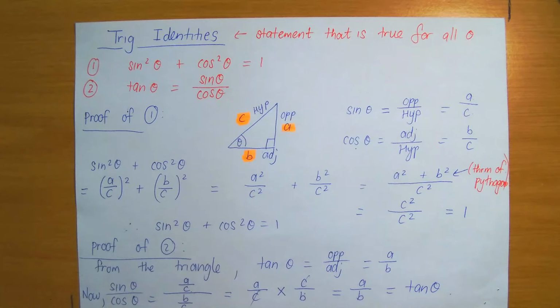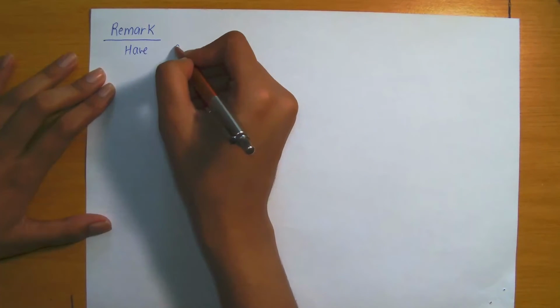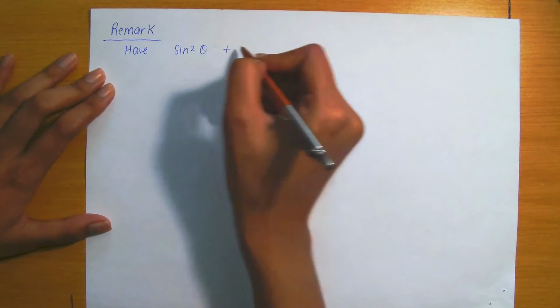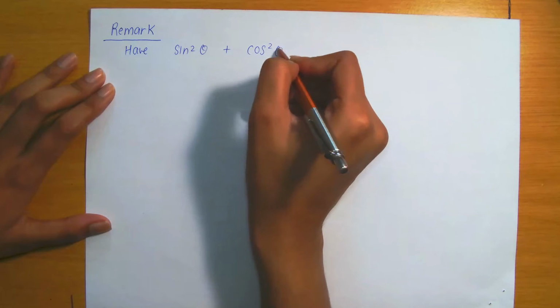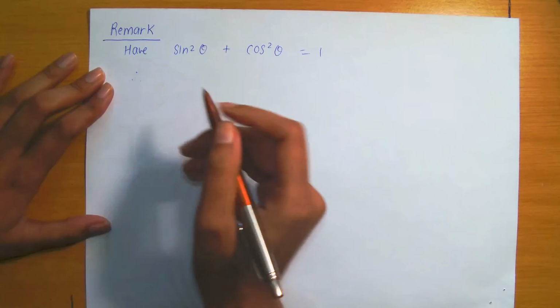Alright, just a remark before I end. I want to focus on trig identity number 1. We have that sine squared theta plus cos squared theta equals 1. So we can also rewrite it as follows.